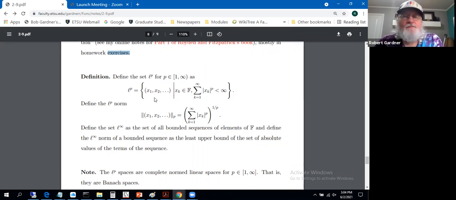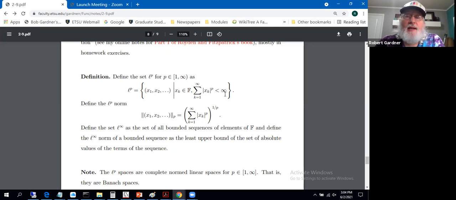So define little LP for p greater than or equal to 1, but finite, as the set of all sequences x1, x2, and so on, such that the entries in that sequence come from the field, the reals or the complex numbers, and the sum from 1 to infinity of the absolute value of x sub k to the p power is finite.